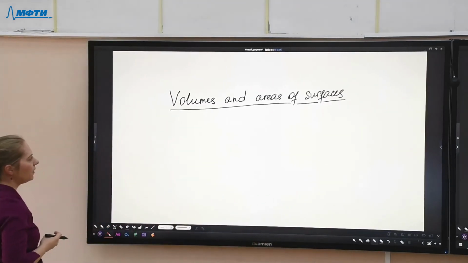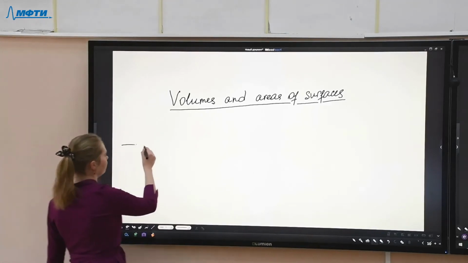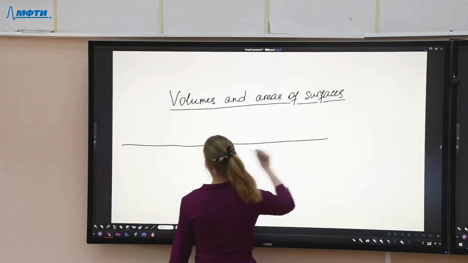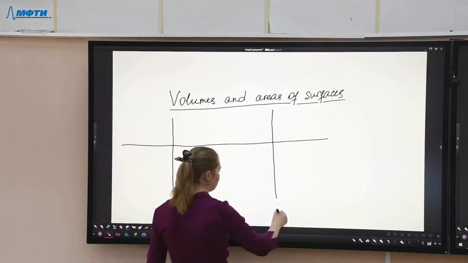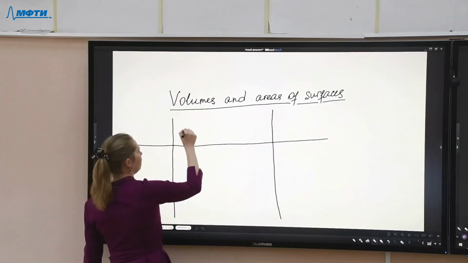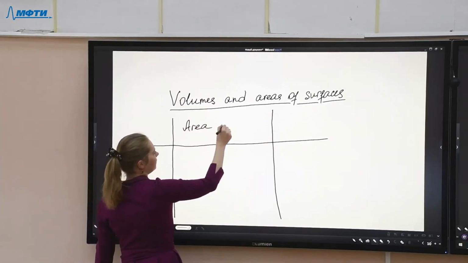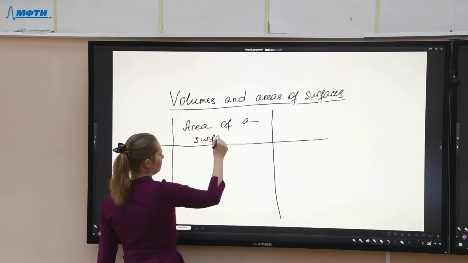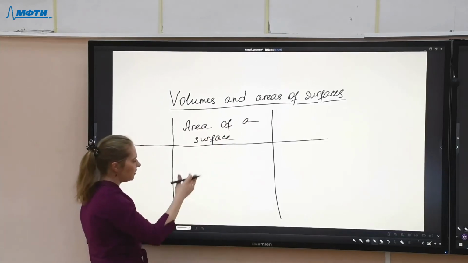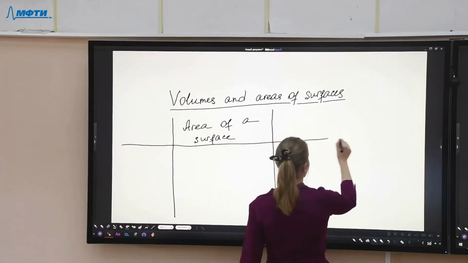Well, we will use a table to collect all the information. The columns will be area of a surface, and the second column is a volume.